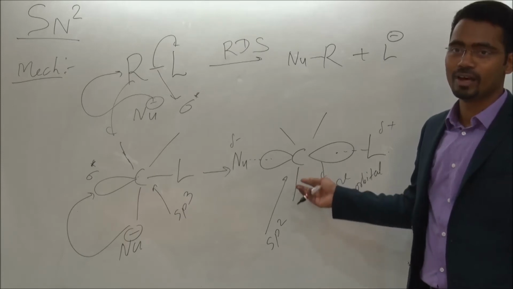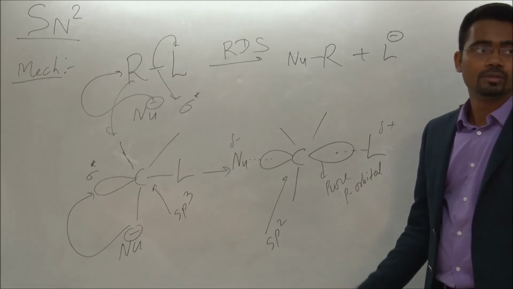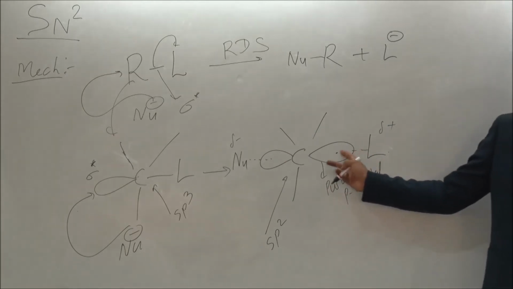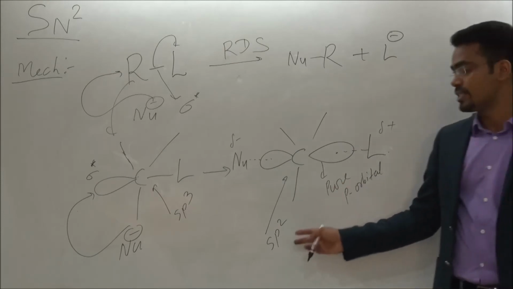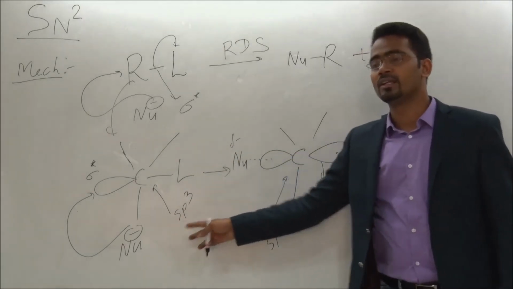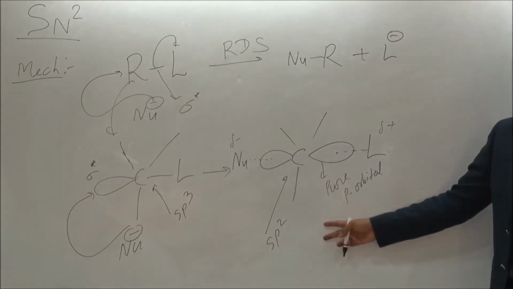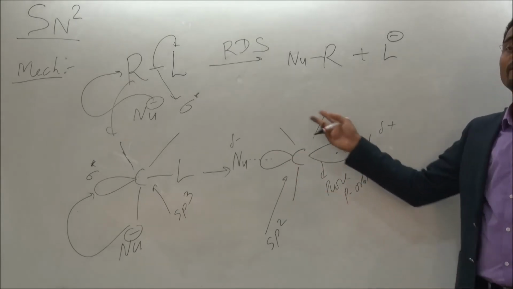There is no 5 bond here, only 3 bonds. This is a pure p orbital. So therefore, the carbon is sp2. Reactant carbon is sp3. Transition state carbon is sp2. But there is an interaction with 5 groups.